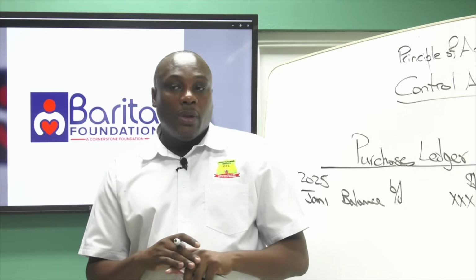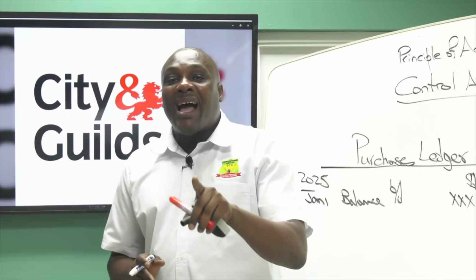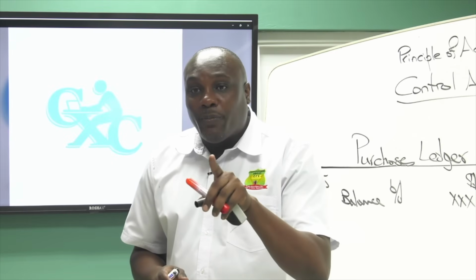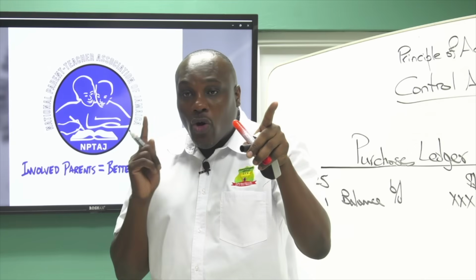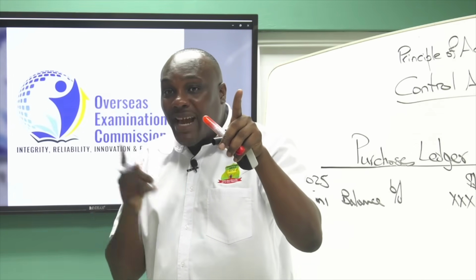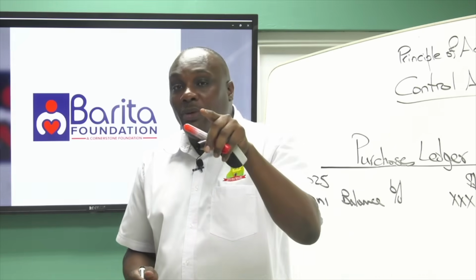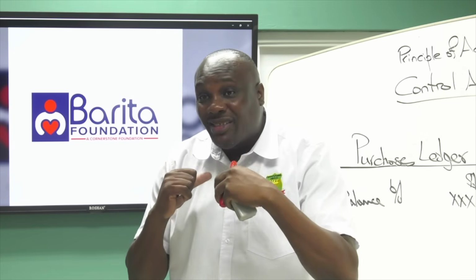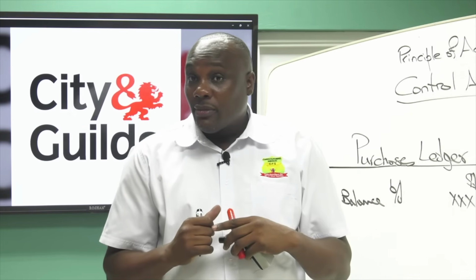Now, in this regard, student, because we, the business, have already paid these suppliers/creditors earlier, and now we are returning some of the goods to them, that supplier would in turn owe us, the business, for the goods which we have returned.